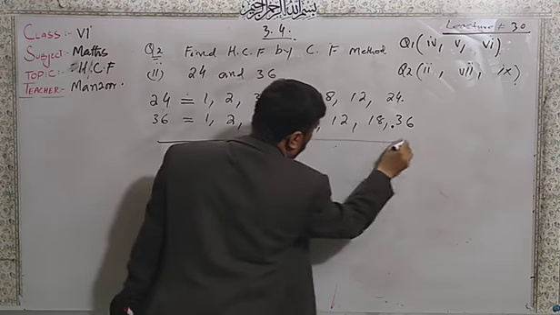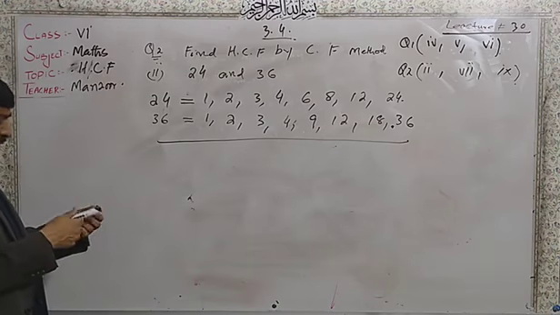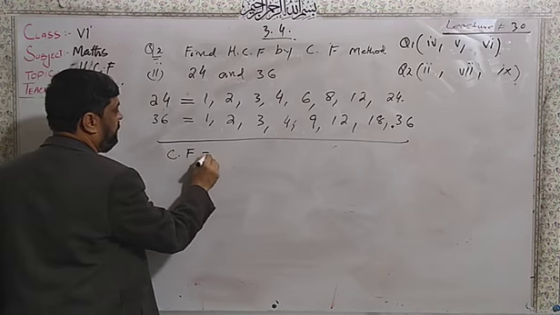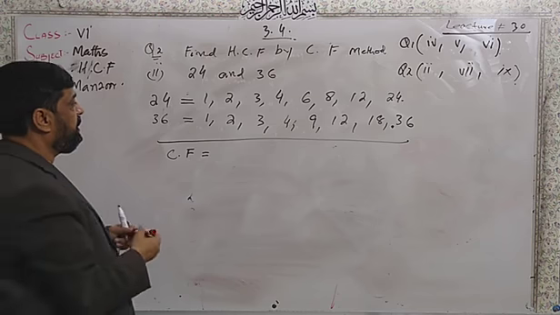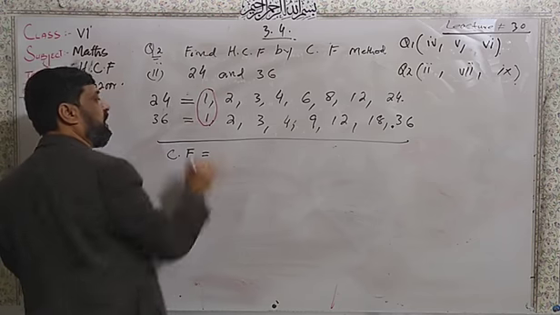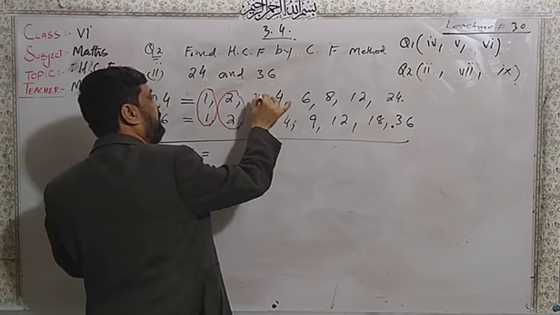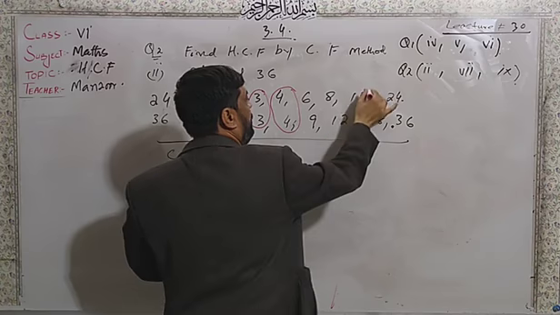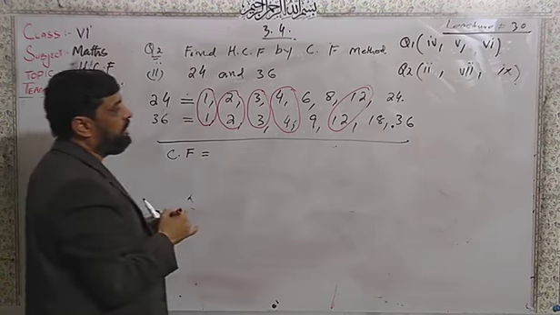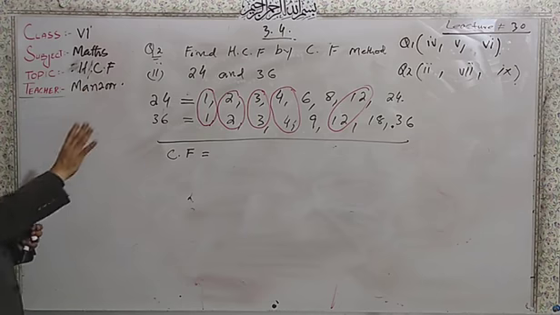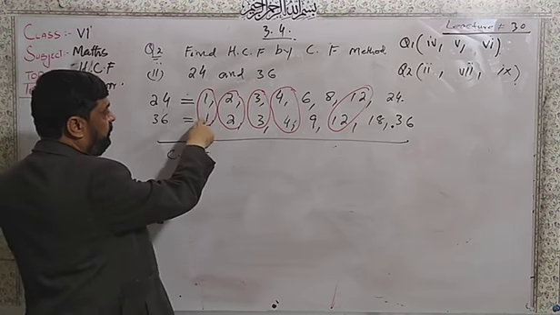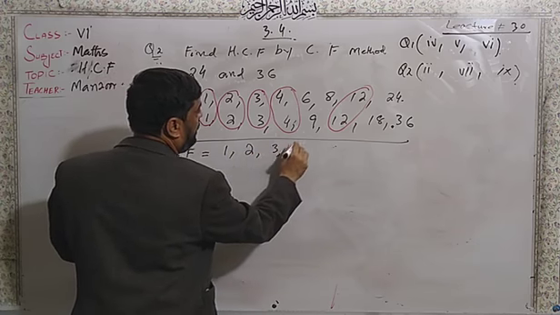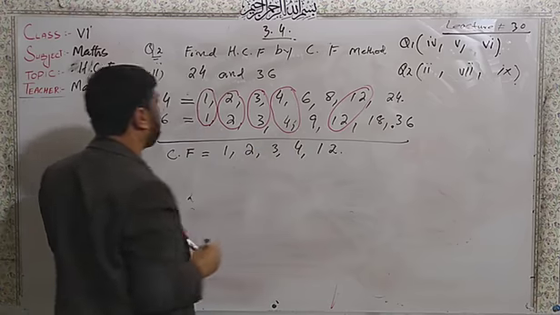Now I will check which numbers are present in both. I will circle the values which are present in both. Now I write the common factors: 1, comma 2, comma 3, comma 4, comma 12.